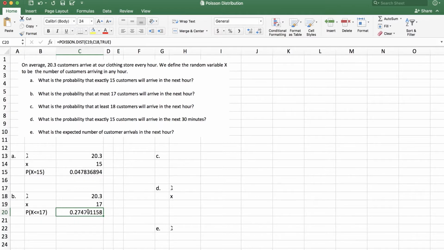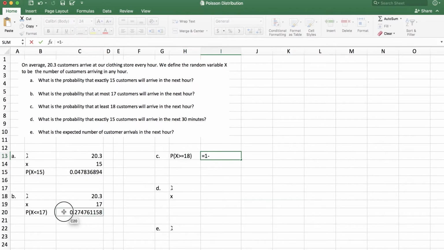If I subtract this probability from 1, that will give me the answer I am looking for. So I'm going to do 1 minus 0.274. The idea is that we are looking at all the possibilities, and the sum of all those possibilities gives 1 by the rule of probability. I already know the probability that at most 17 customers will arrive in the next hour from part B, and if I subtract that probability from 1, that will give me the probability that at least 18 customers will arrive in the next hour.